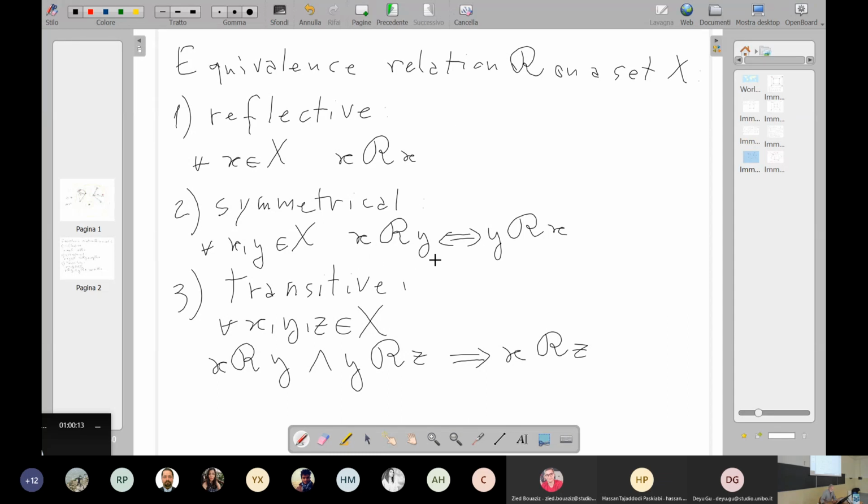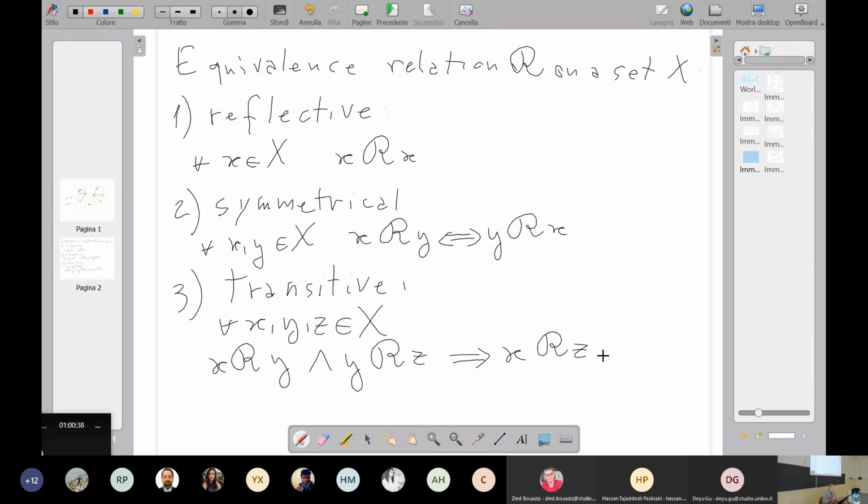If you have a path from x to y, you can take the reversed path just by reversing the whole sequence, vertex, edge, and so on, and you get a path from y to x. And then we'll see that if we have a path from x to y and a path from y to z, then we also have a path from x to z, okay?